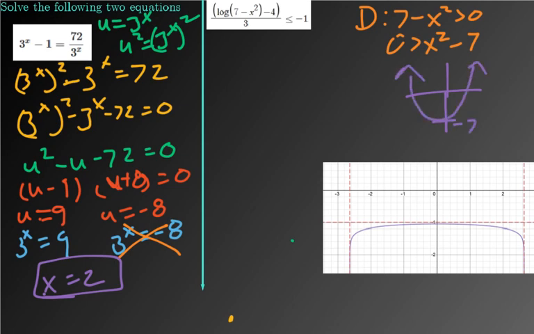The other stuff I said was good though. It's definitely shifted down, right? So it looks like that. And that thing is less than 0, right in here. And this root would be negative root 7, and this root would be root 7, right? So the domain for this log is anything between negative root 7 and root 7. Anything in there should work, okay?